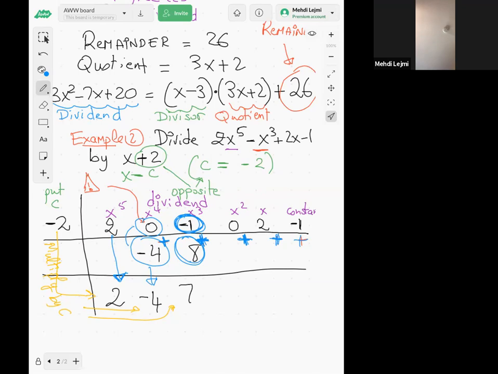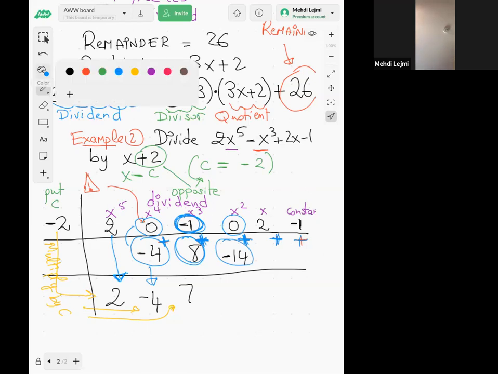Now I have to multiply the 7 by the -2, right? We always multiply the last row by the c. So 7 times -2, that will be -14. So I'm gonna put -14 in the next column. And then I'm gonna add, right? I have 0 here, so 0 plus -14, that's -14 here.